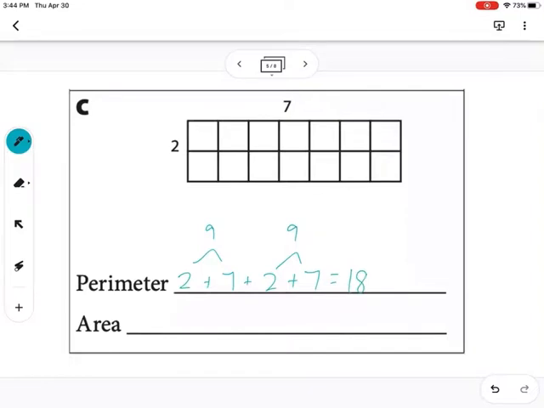The perimeter is 18 again. That's kind of cool, isn't it? All right, the area of this shape, we've got 2 rows of 7, or 2 times 7. That's a nice doubles fact. 7 plus 7 is 14, and so is 2 groups of 7. That's also 14, and these are square units, right?